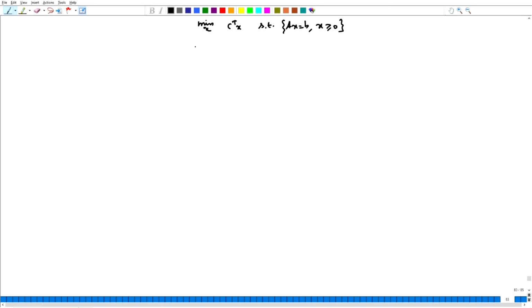Now we have actually given a way to find all the vertices of a given linear programming problem. So, we have a polytope and there is a way by which we can find every vertex of the polytope. So, there is a very simple method to find the answer as well.